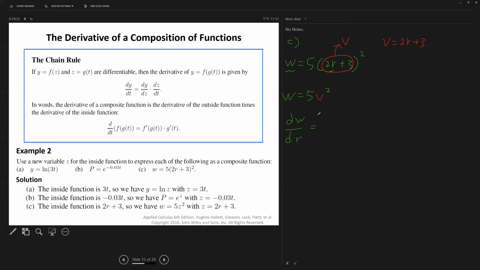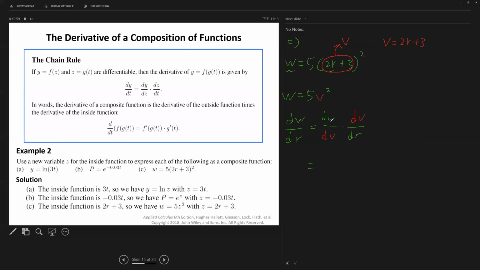But now we have to split this up as dw/dv times dv/dr, right? So we have introduced this inner function right in the middle, so we get two separate differentials in order for us to find our chain rule.